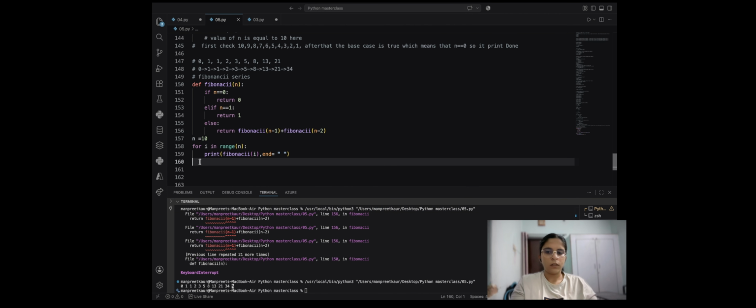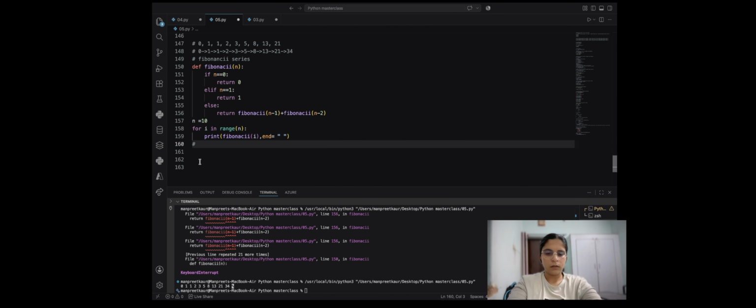I'm giving you 5 minutes to solve this question by yourself. Factorial.